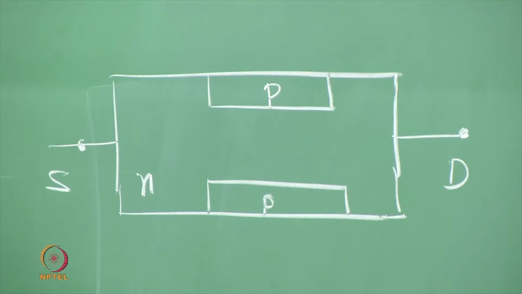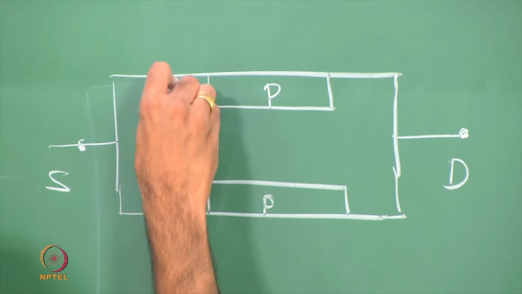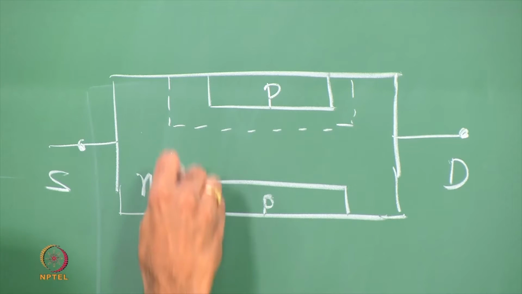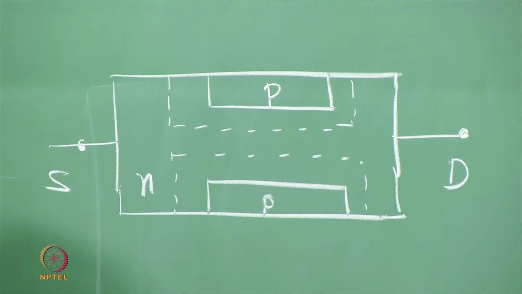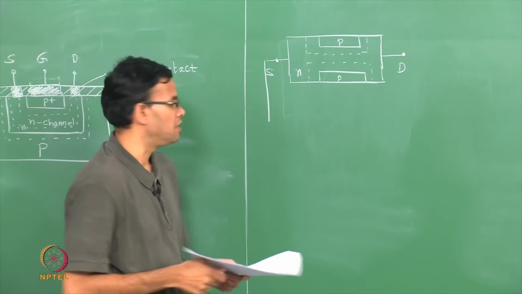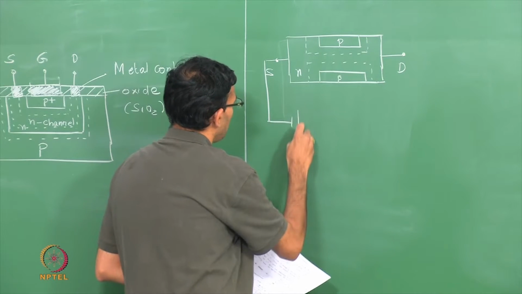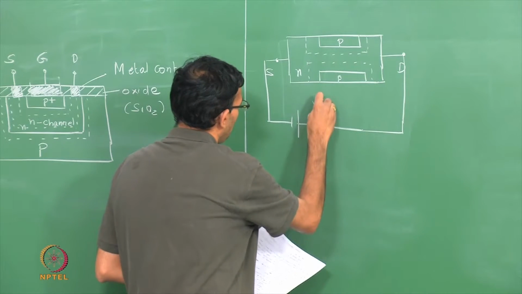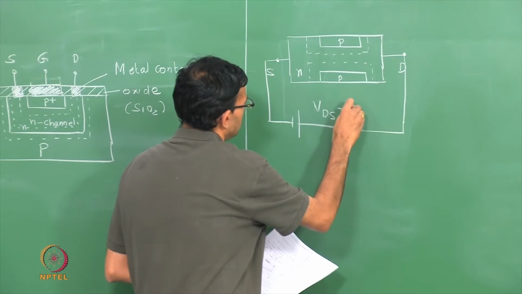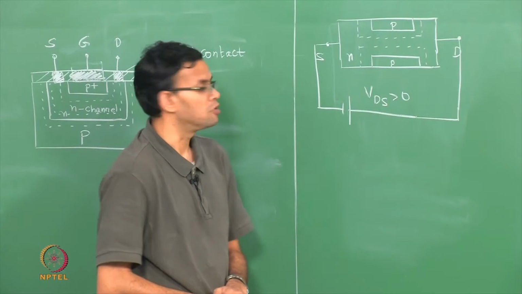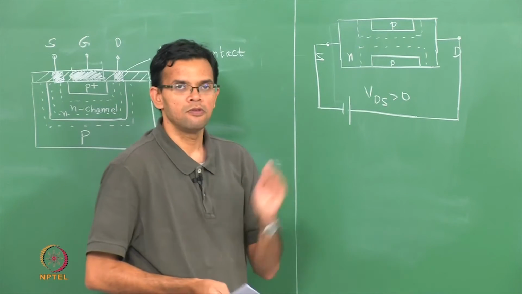So I have my 2 p regions, so that I have my 2 depletion regions, and then I have my n channel. We are going to apply a bias between the source and the drain. I will bias the drain positive with respect to the source. Let me call this VDS, and this is greater than 0, which means the drain is biased positive with respect to the source, so that electrons can move from the source to the drain.